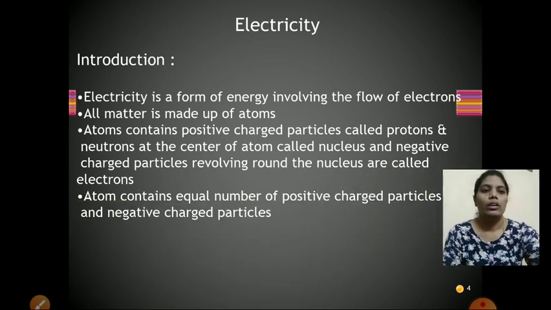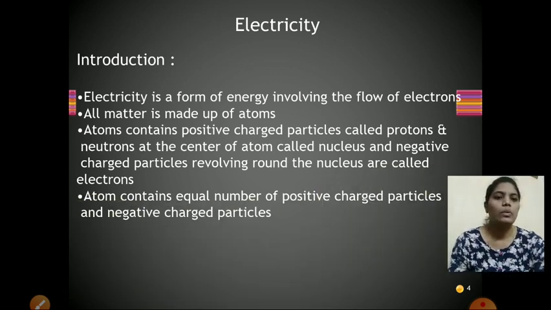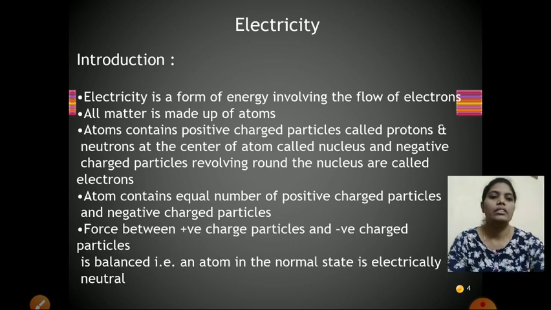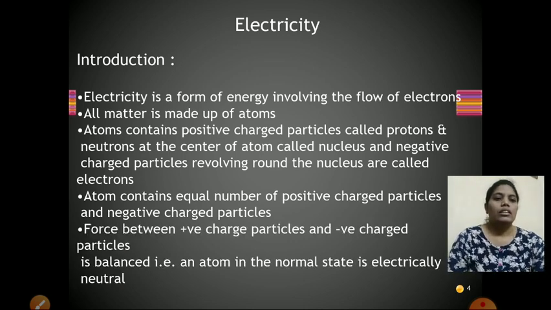Now, the atom contains equal number of positive charged particles and negative charged particles. The force between these positive and negative charged particles is balanced. That is, an atom is electrically neutral in its normal state.